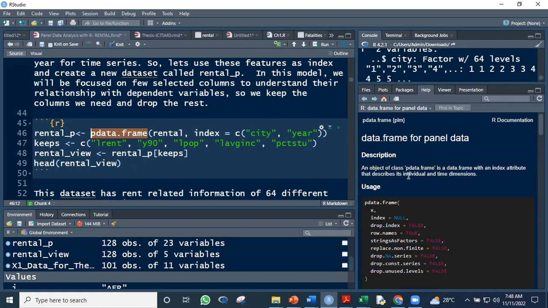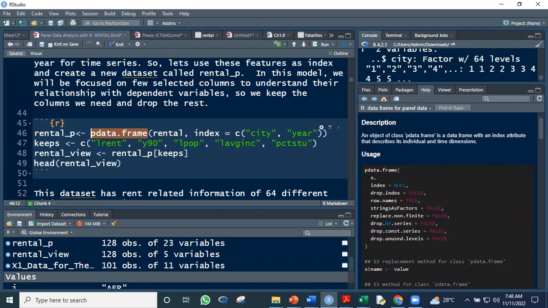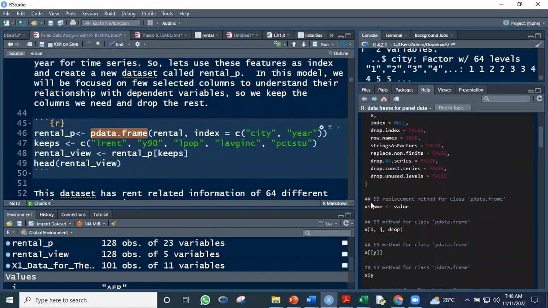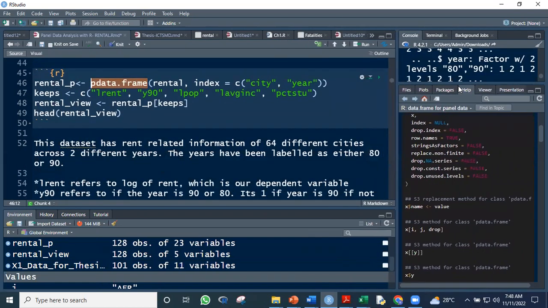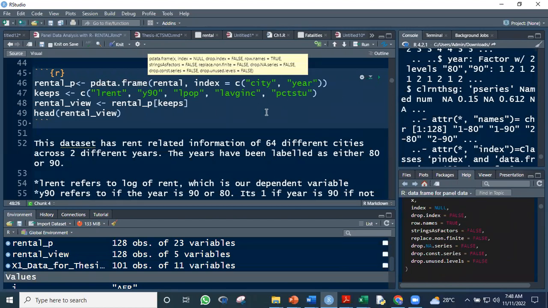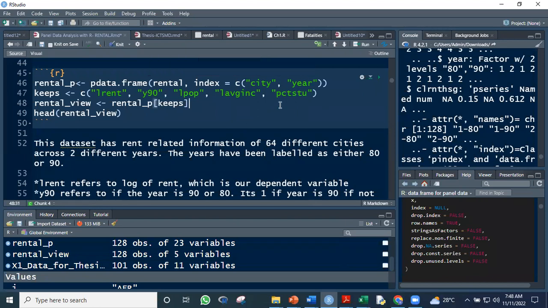So an object of this class is a data frame with an index attribute that describes its individual and time dimensions. That distinguishes it from the ordinary data frame. It's easier to work if the data has already been converted into a panel data, and it makes it easier when we do panel data analysis.